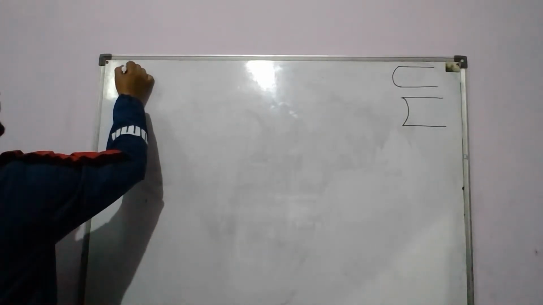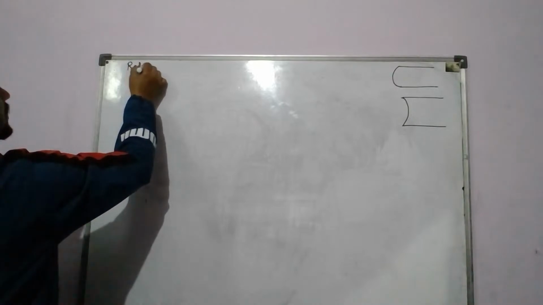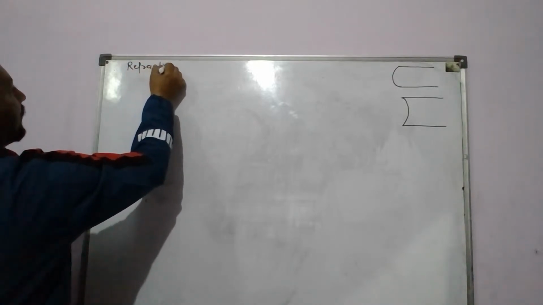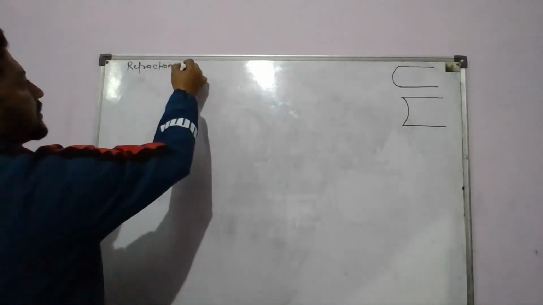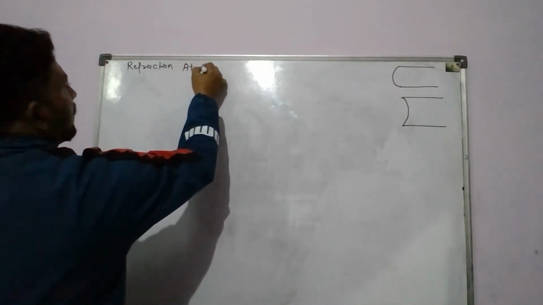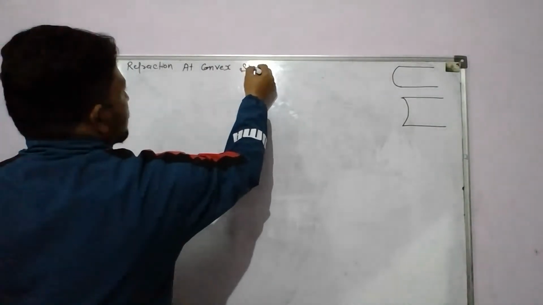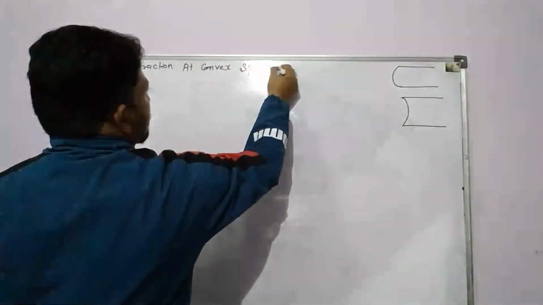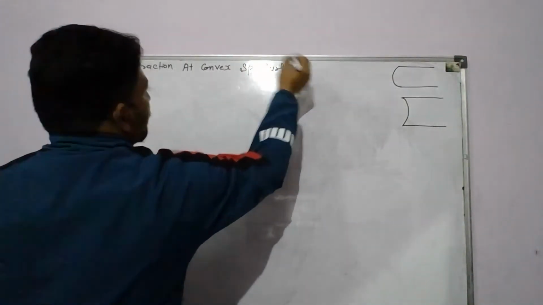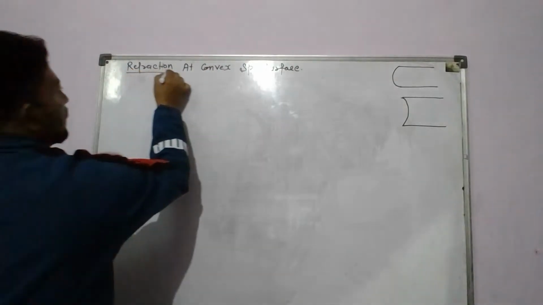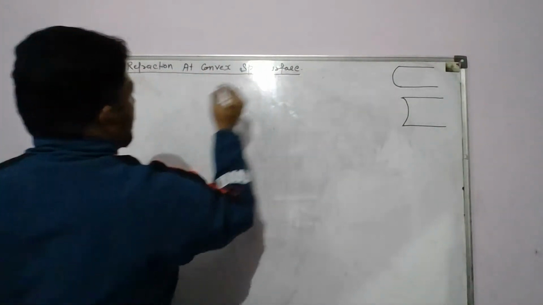So first of all, the question is refraction at convex spherical surface. There are 5 to 6 parts.